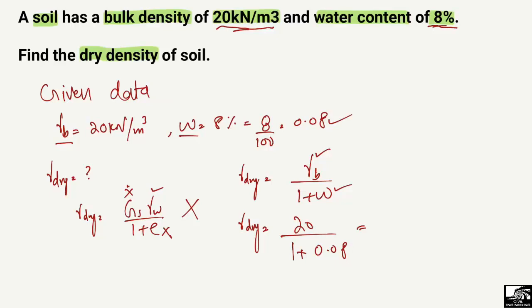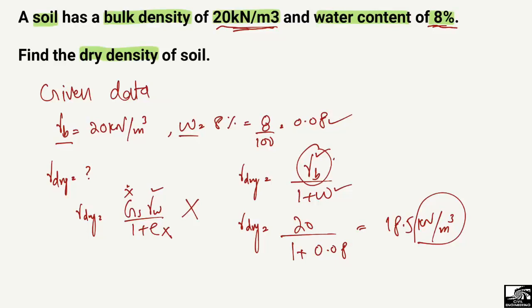By dividing these values we get our dry density, which comes out to be 18.5 kilonewton per cubic meter, because the bulk density was also in kilonewton per cubic meter, so it should be in the same unit.